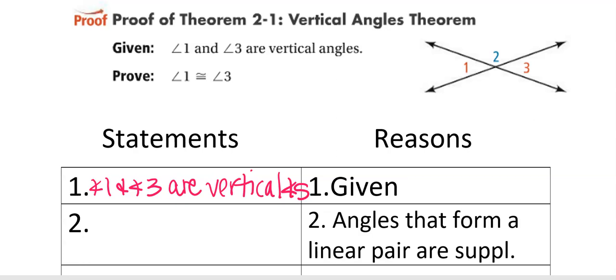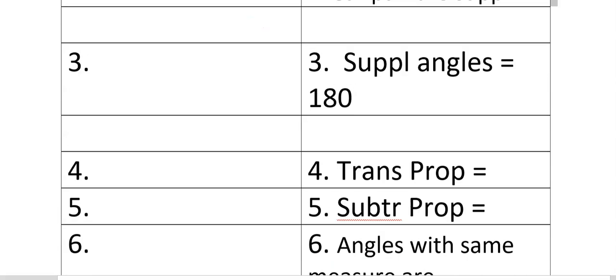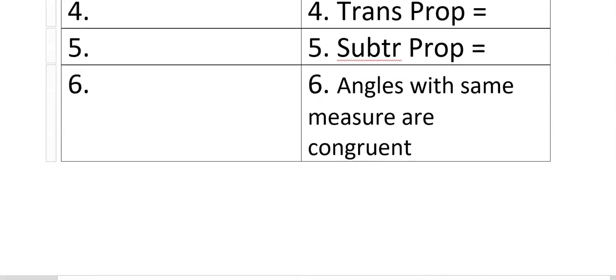If the given part wasn't there, the first reason, if you're taking it from the given, is "given." We can also go down to the very last reason and fill that in. The statement we're proving is that angle 1 and angle 3 are congruent, so I'm going to put that at the very end.